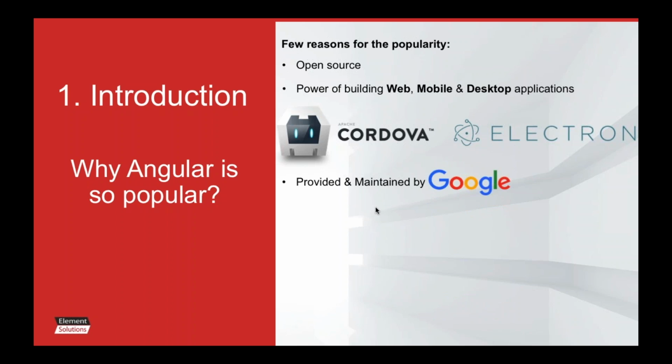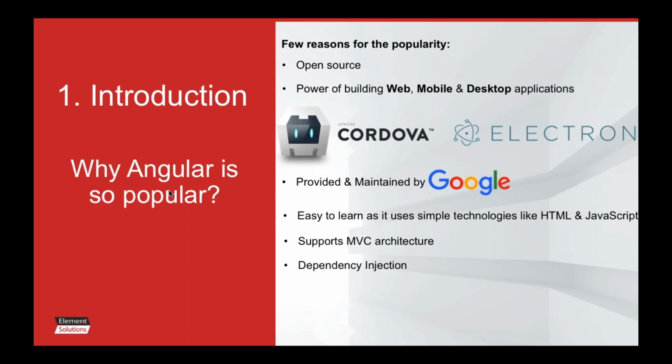And then another one is, of course, that it's released and maintained by Google. That's the most trusted brand ever among developers and many people. So that is one of the other reasons, and it is easy to learn because all the application development takes place in HTML and JavaScript, which is easier.